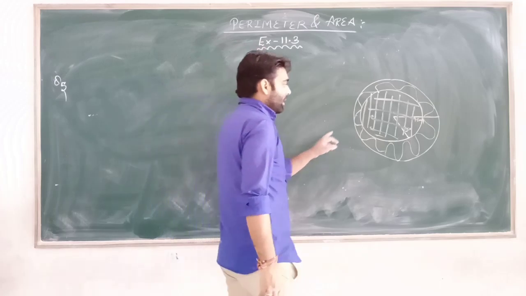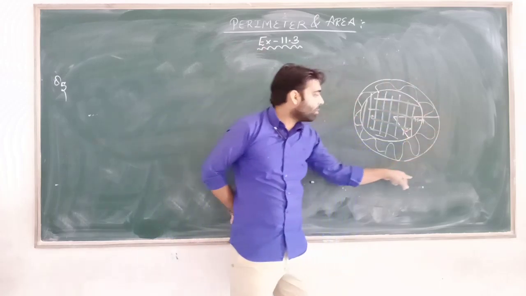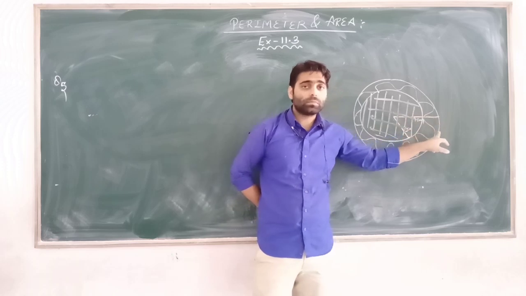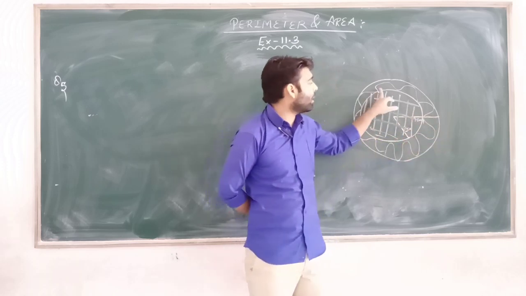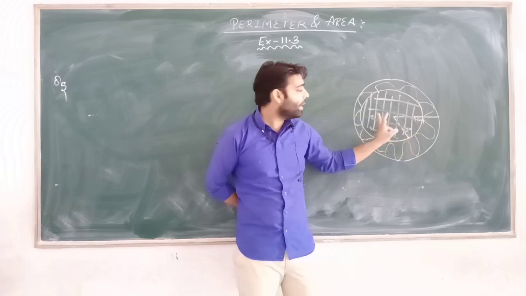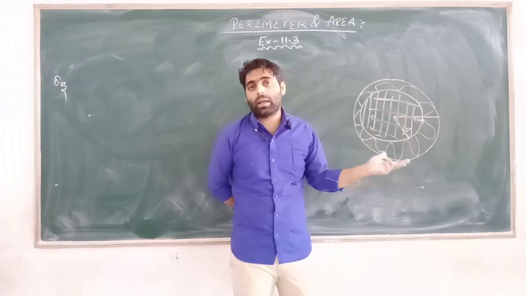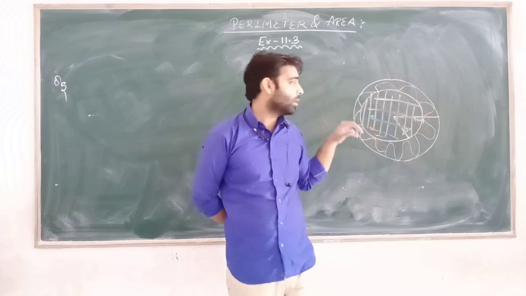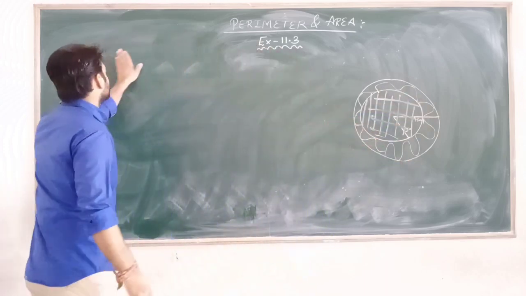For that calculation, we have to calculate the whole area with 4 centimeter radius. After that, we will calculate the area with 3 centimeter radius, and both will be subtracted, and we will get the answer for the remaining portion.